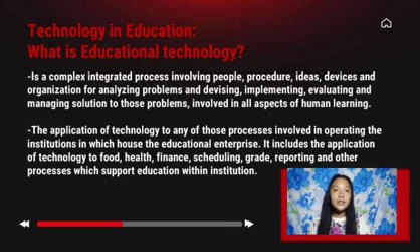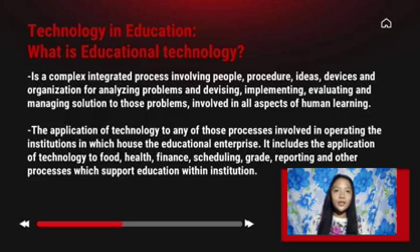Educational technology is a complex, integrated process involving people, procedures, ideas, devices, and organization for analyzing problems and devising, implementing, evaluating, and managing solutions to those problems involved in all aspects of human learning.